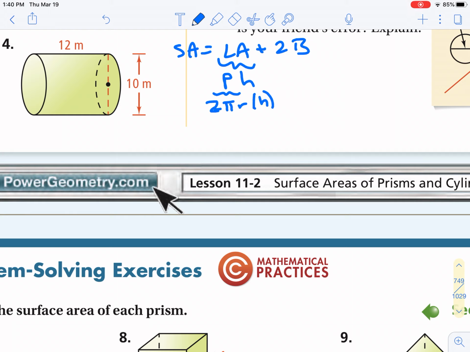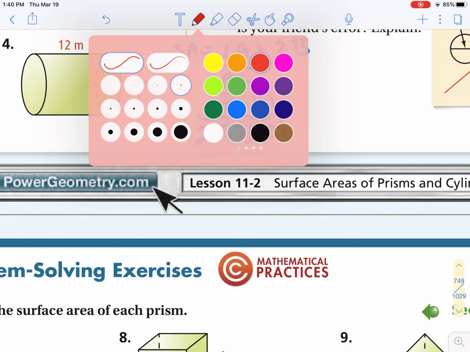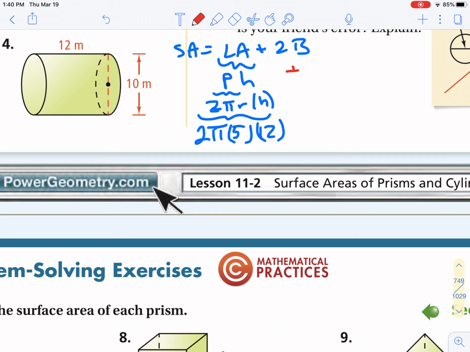All right, and now let's bring that to closure. What is our radius? Good job. That's 5. What's our height? 12. Good job. Okay, let's do our base. I'll do a little plus sign. What is our base?